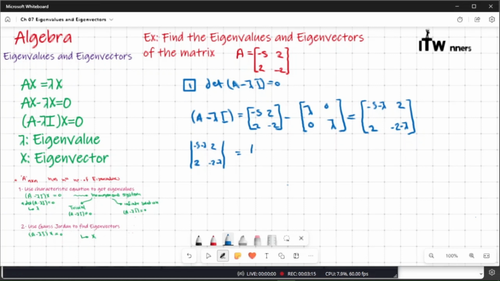So we have negative 5 minus lambda into negative 2 minus lambda minus 2 into 2, which is 4.